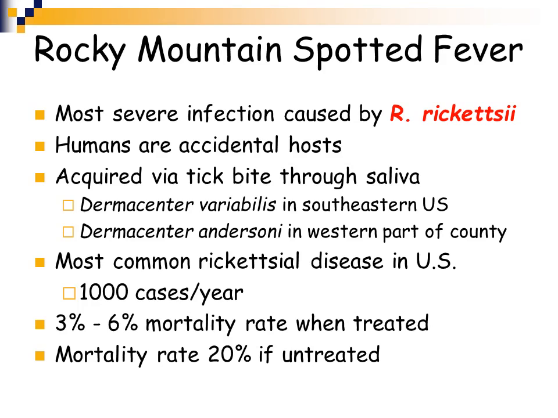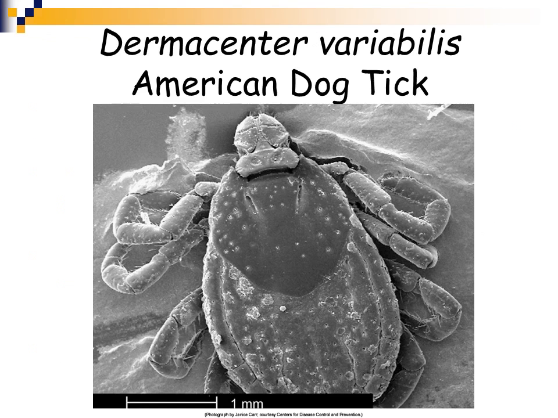It can have a 3 to 6% mortality rate even when it's treated, and up to a 20% mortality rate if it's untreated. So this can be a very severe infection. Here is a highly magnified micrograph of the American dog tick, or Dermacentor variabilis.